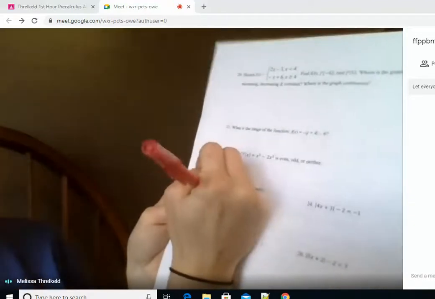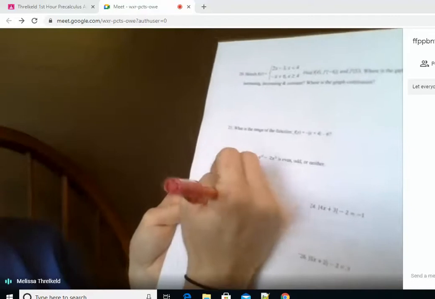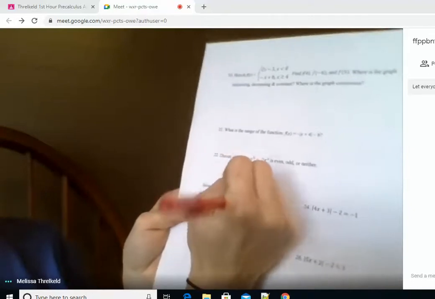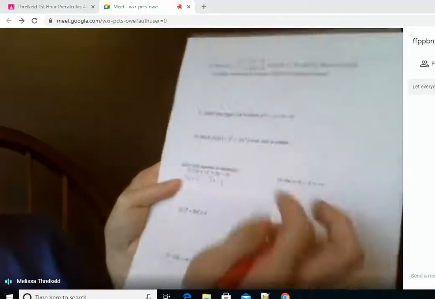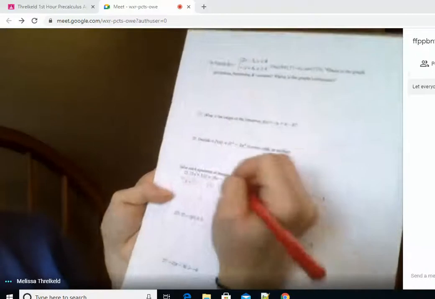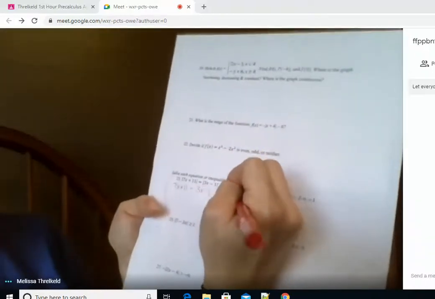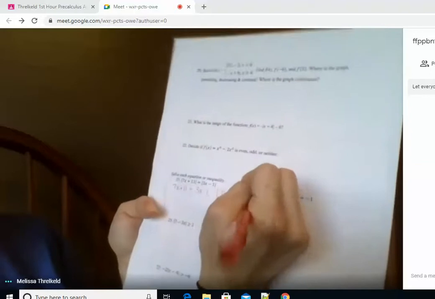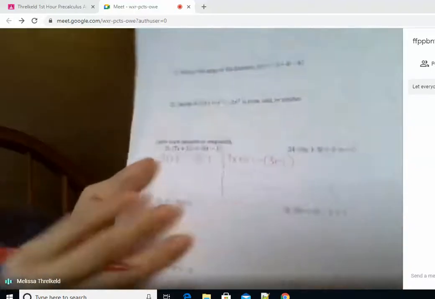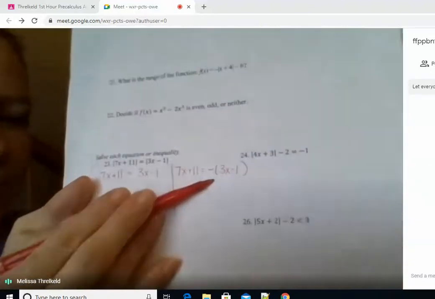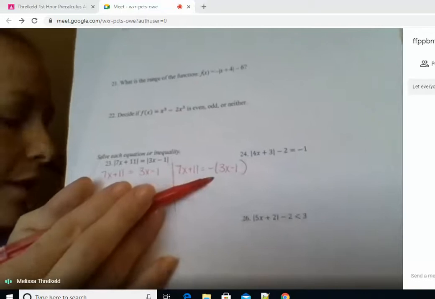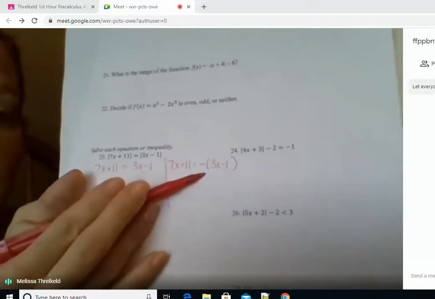The first one, all you do is drop the absolute values. The second one, you drop the absolute value and you make one side negative. You notice I put my negative outside and then I put parentheses because I'd have to distribute that.